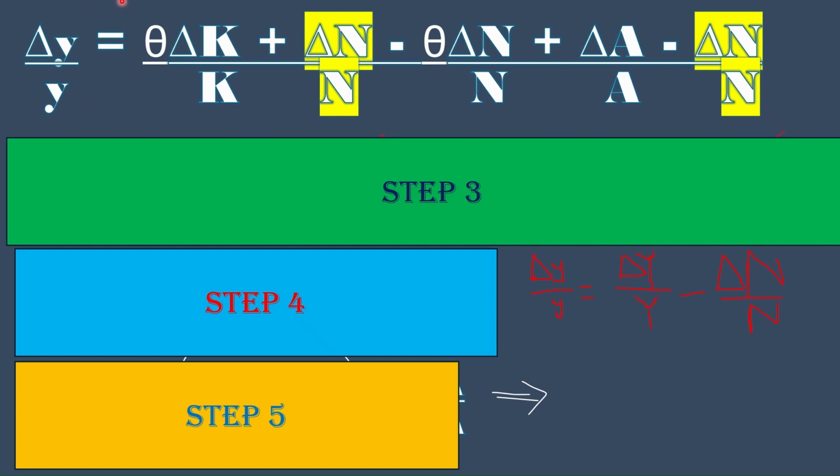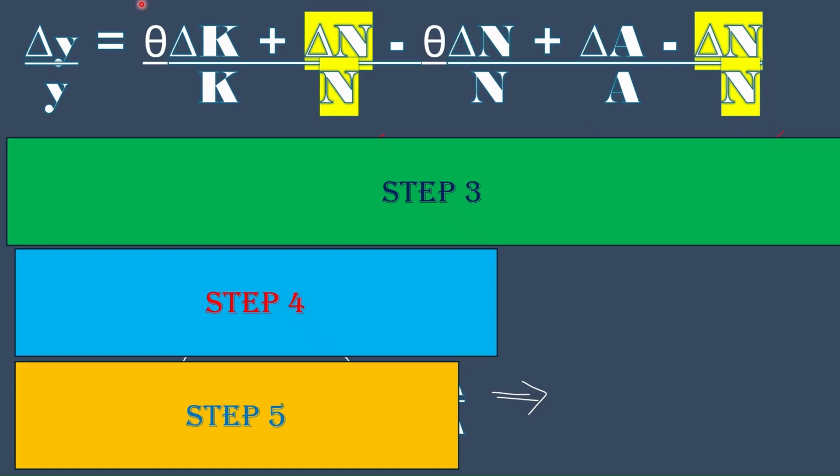Then all we did is we brought the terms together. You may ask, how did we have the change in n divided by n here and the change in n divided by n here? Firstly, all we did on the inside is we distributed the change in n divided by n.